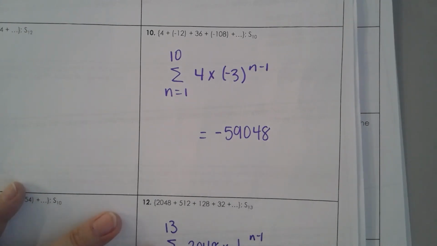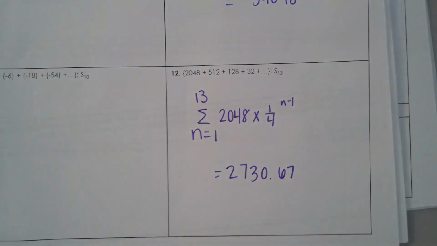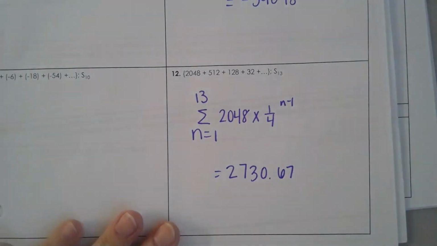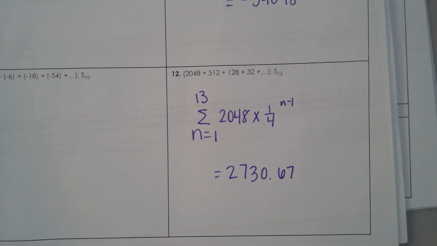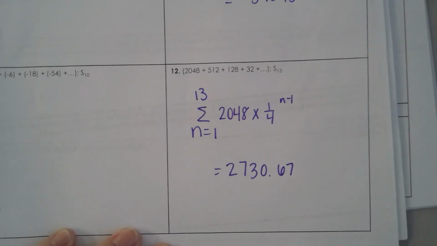Are there any questions on number 10? Number 12, the ratio was 1/4. You're dividing by 4 every time. So that's the same thing as having a ratio of 1/4. And you get 2,730.67.